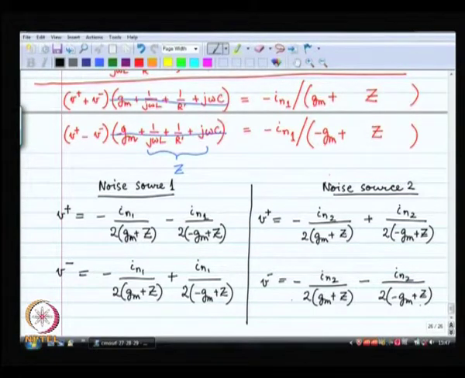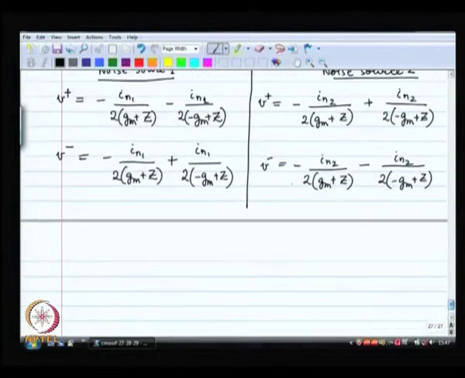All right. So, this is what I am going to get because of noise source number 2. Now, what you have to do is you have to square both of these and add them, right. So, you have to square the contribution of noise source 1 to V plus, you have to square the contribution of noise source 2 to V plus, and you have to add these two squares. That will give you the mean squared noise voltage at V plus.